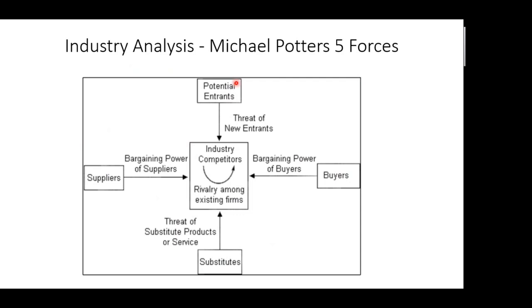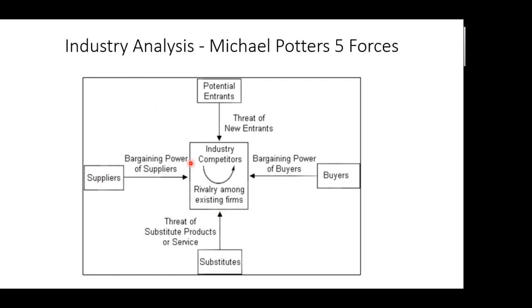Now see, Michael Porter's 5-force model highlights 5 forces that affect a business.